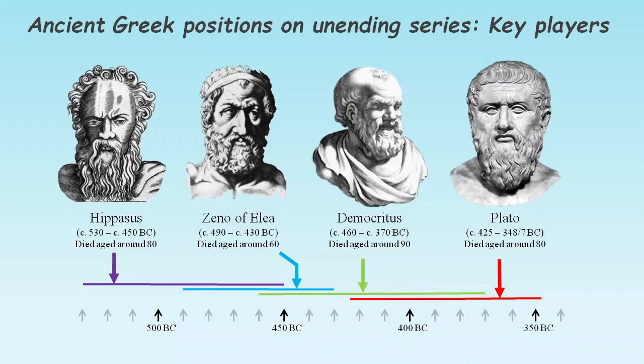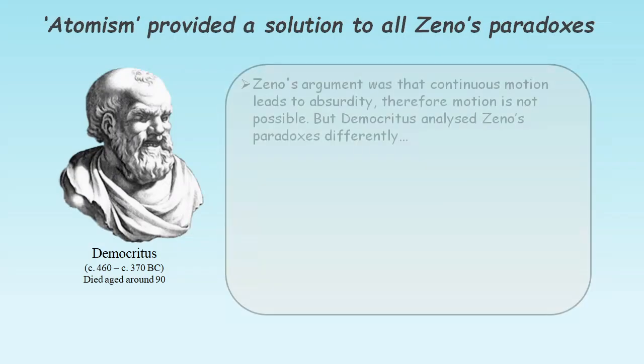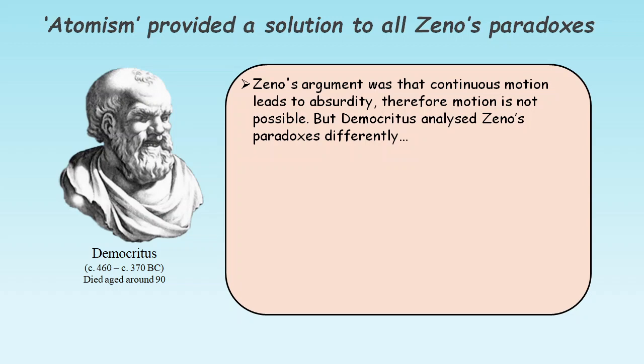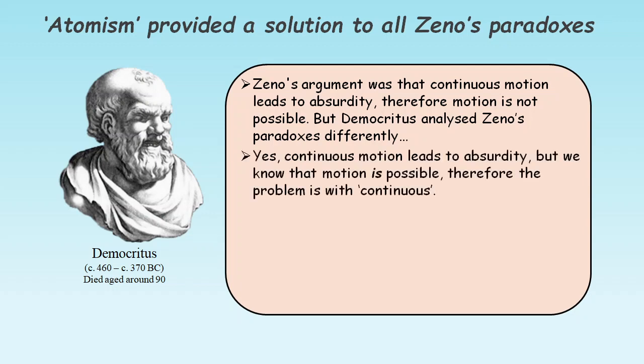Next up, we have the Greek philosopher Democritus. Zeno's argument was that motion must be an illusion because it leads to absurdity. And Democritus agreed that motion would lead to absurdity if it was actually continuous.